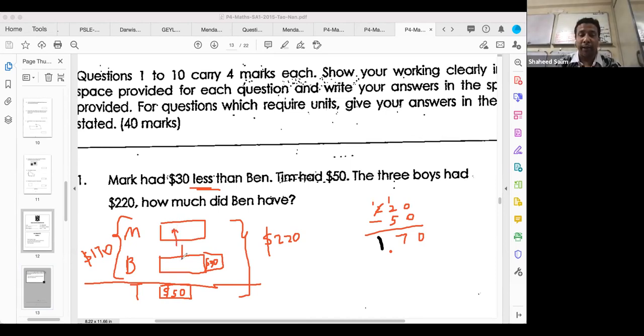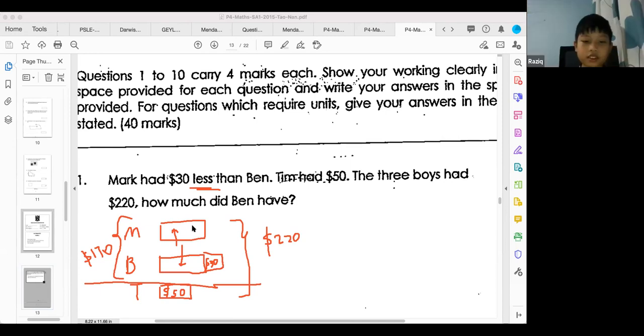Two rectangular bars is 140. So how much is one? 70. 70, good.